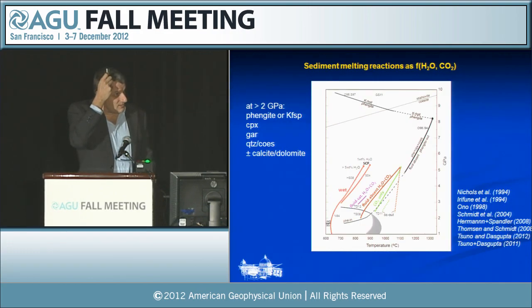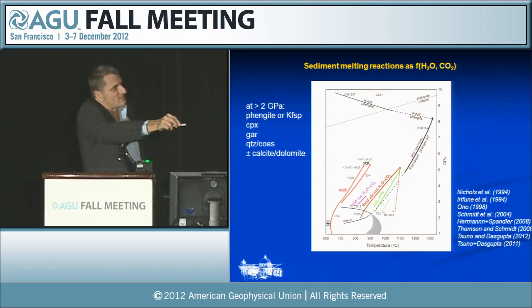Now, if you compile all the work that is done, you get to this diagram. In red, you have the wet solidus that is done by Nichols and Wyllie, '94 or so, and then to higher pressures by Irifune and Hermann. In purple, you get a fluid-saturated solidus that's from Tsuno and Dasgupta. In brown, the line I just showed you before. In green, when you have CO2 only.